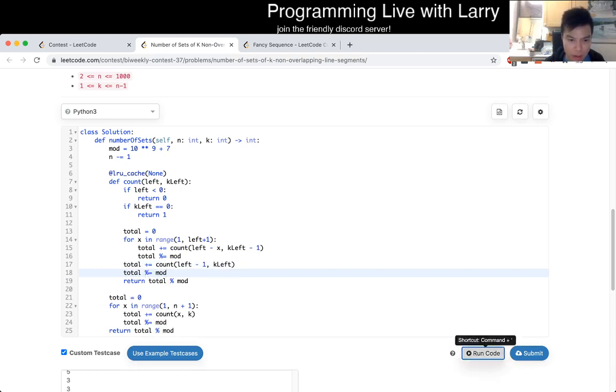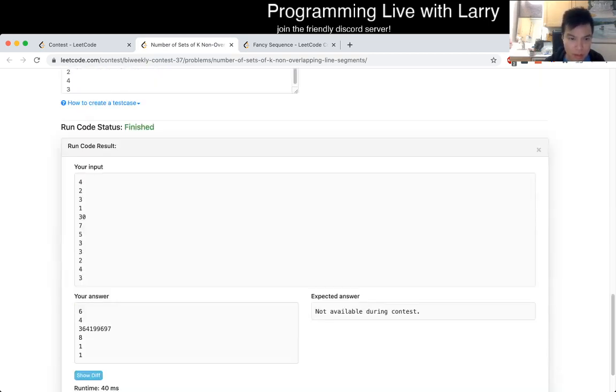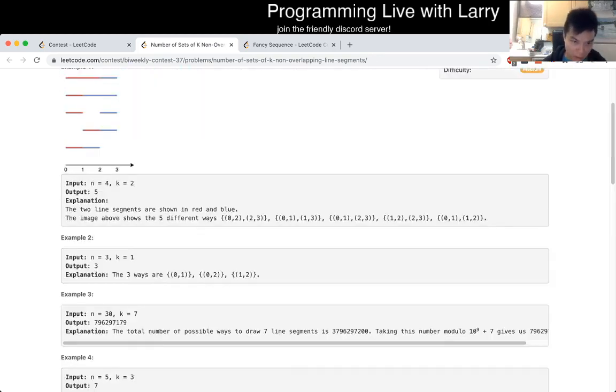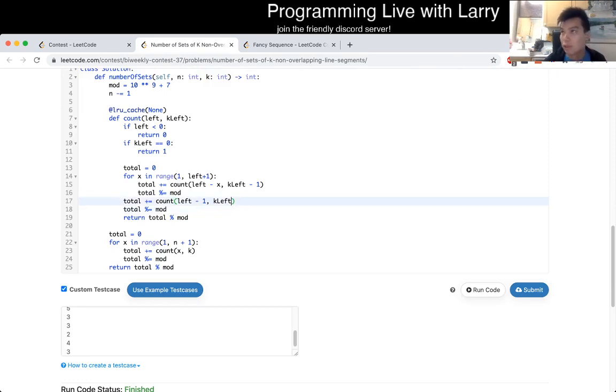Is that right? Yeah, that's too much overcounting, maybe.